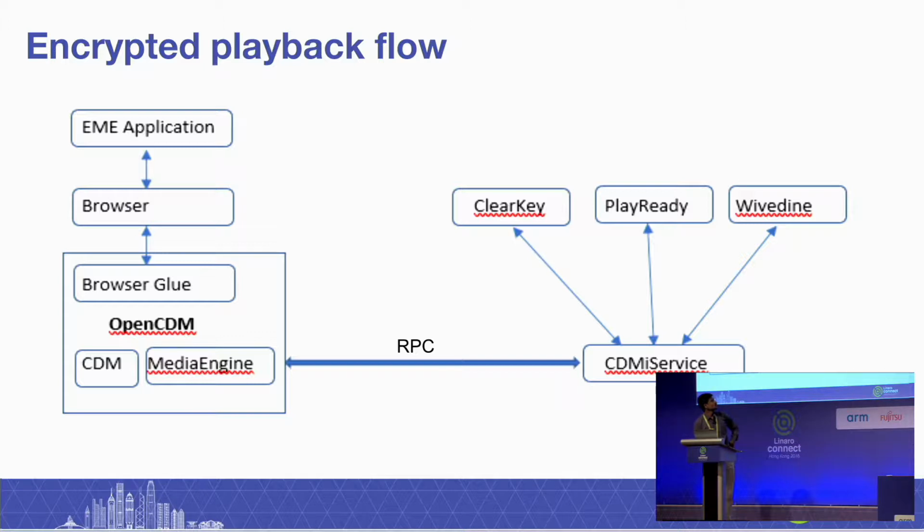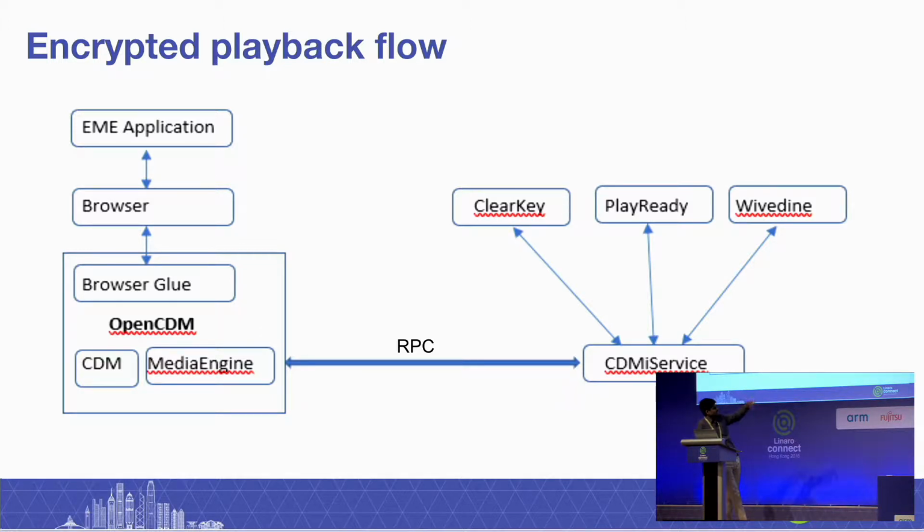Yeah, this is the overall flow of encrypted content playback on a browser. So an EME application running on a browser will talk to OpenCDM using the browser glue layer. Let's say a create session call.